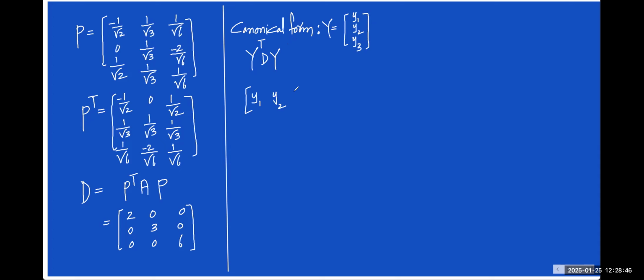Y1, Y2, Y3 into the diagonal matrix that I am getting here, 2, 0, 0, 0, 3, 0, 0, 0, 6, into the matrix Y. Again the matrix Y is Y1, Y2, Y3. But it will take a lot of time when you are multiplying this.